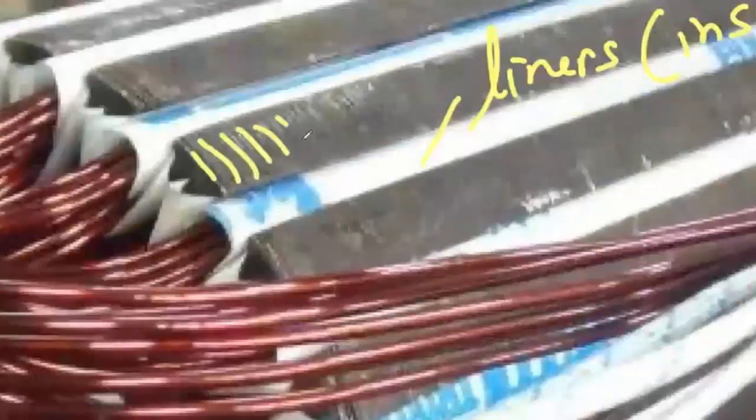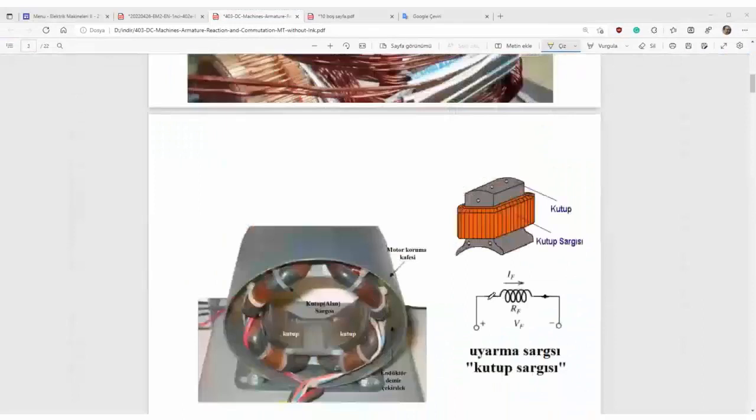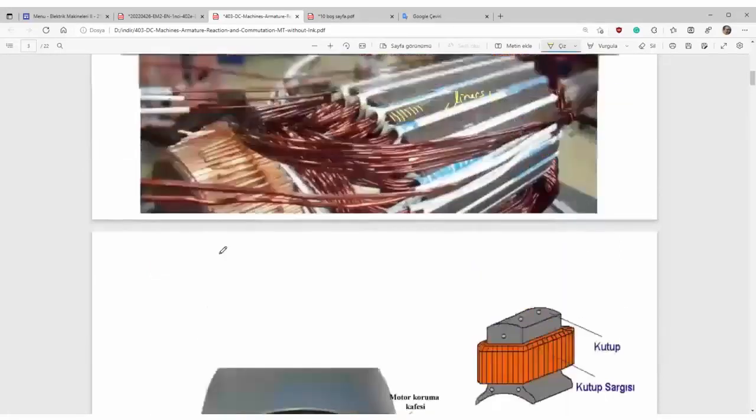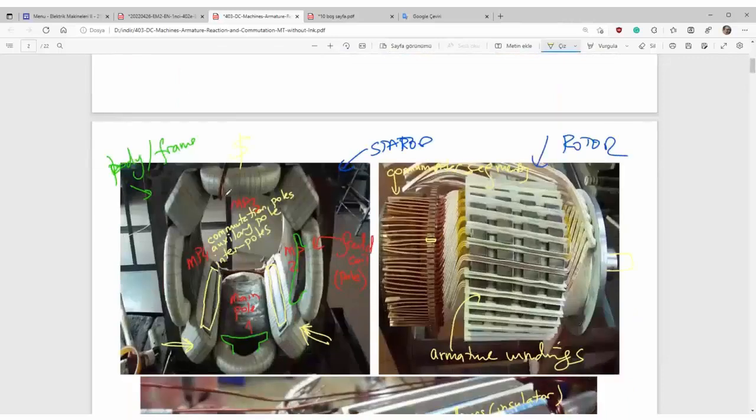Sheeted material, laminations. Here you see the same type of machine. Here is the main pole, but there is no interpole or auxiliary pole in this machine. It is not a general case. In a high-cost machine, you see interpoles for high-quality machines.